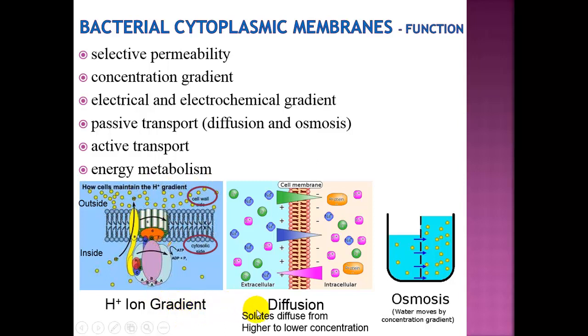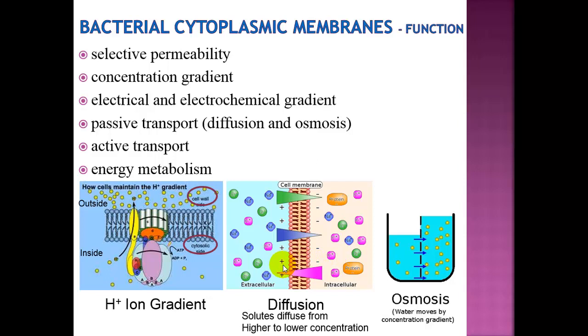The next example is that of diffusion. In diffusion, solutes such as ions diffuse from a higher to a lower concentration gradient. Examples are the chloride ions shown here in green, and the sodium ions shown in blue, moving from the outside of the cell to the inside of the cell, and potassium ions shown in purple moving from the inside of the cell to the outside of the cell.